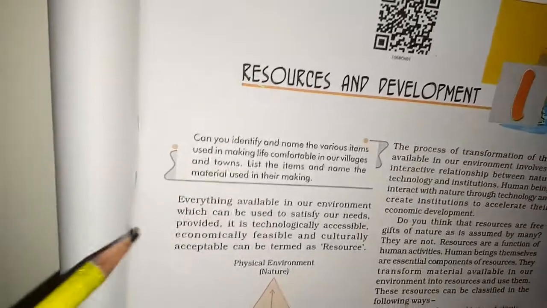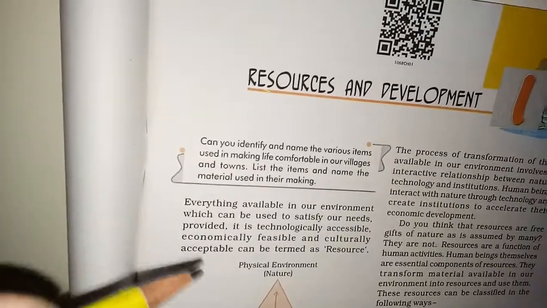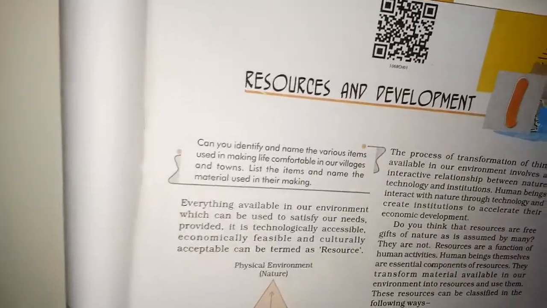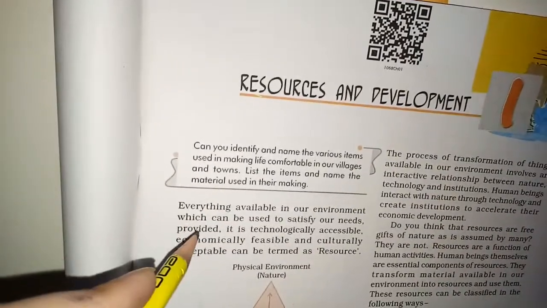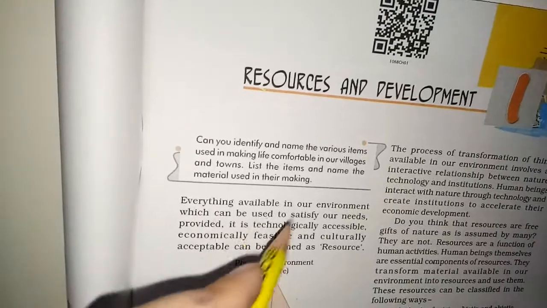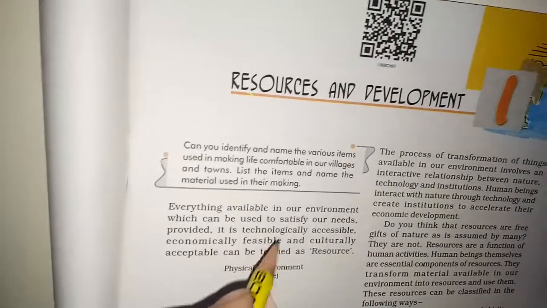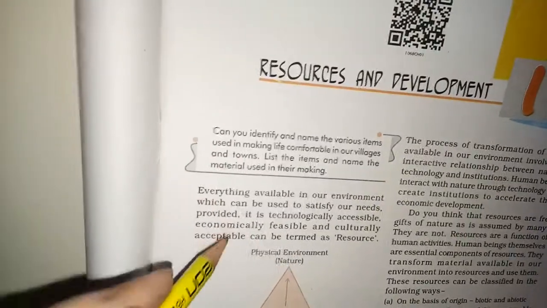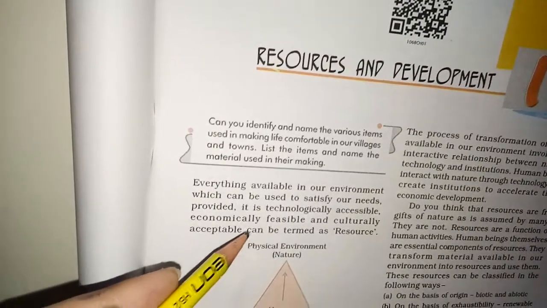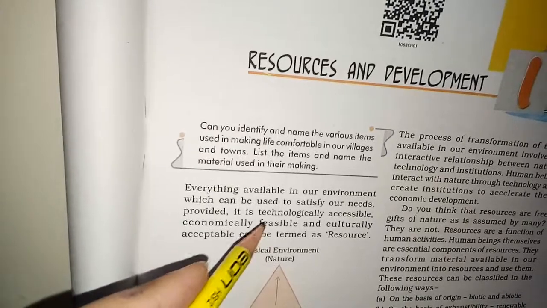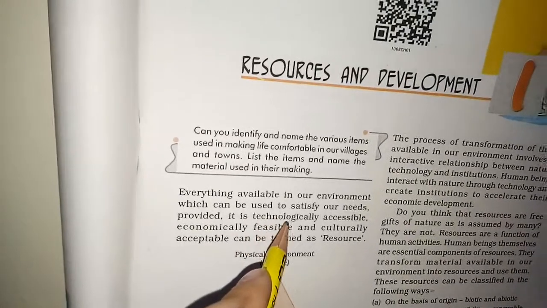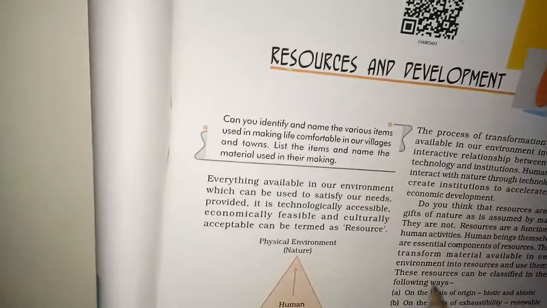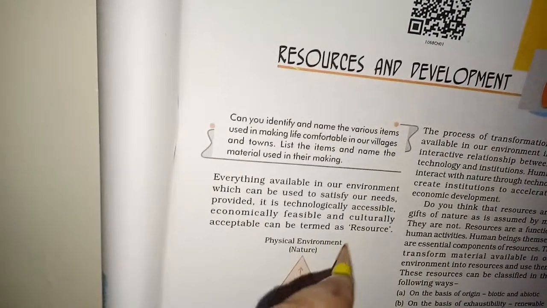In previous classes, in class 9th and before that in class 8th, we learned that everything available in an environment which can be used to satisfy our needs is known as a resource. But here in 10th we also get to know that anything that is technologically accessible, economically feasible and culturally acceptable can be termed as a resource.